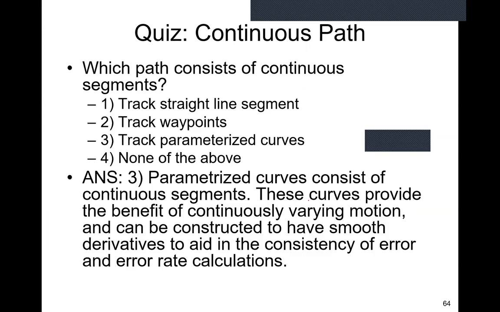These curves provide the benefit of continuously varying motion and can be constructed to have smooth derivatives to aid in the consistency of error and error rate calculations. By making the path smooth, you're making the job easier for the downstream controller to track the path.